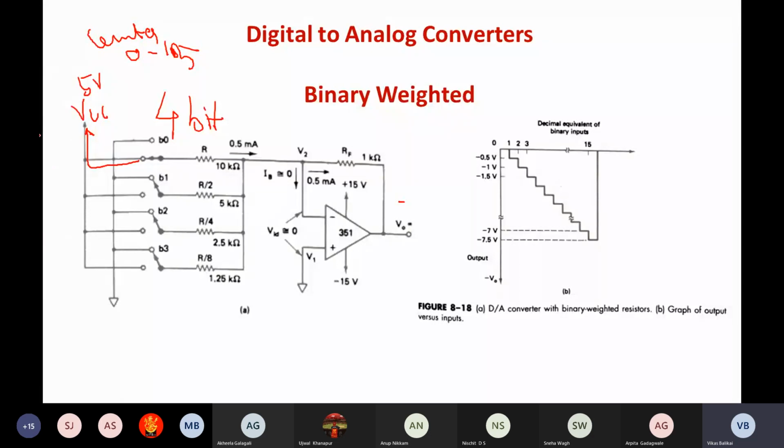So I could use a counter, and all the binary values I am getting as the output from the counter, I can use as binary bits to this binary weighted converter.